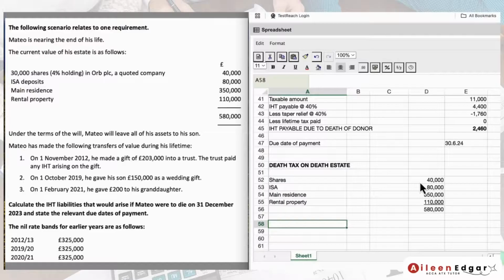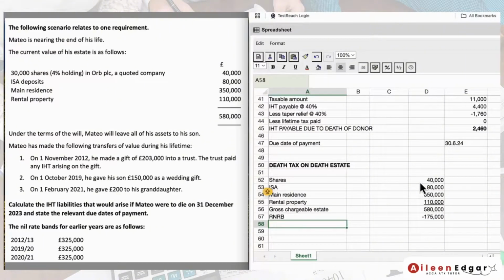But the main residence, because it was left to a direct descendant, we can reduce the value that's going to be in the estate and getting taxed. So we can reduce it by the residence nil rate band, which is 175,000. The value of the main residence is higher than 175, so we can apply the full 175,000 for that.